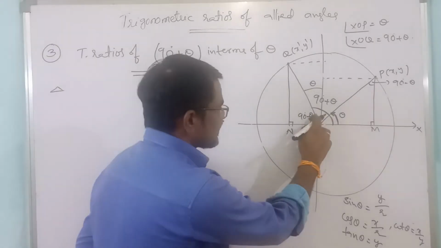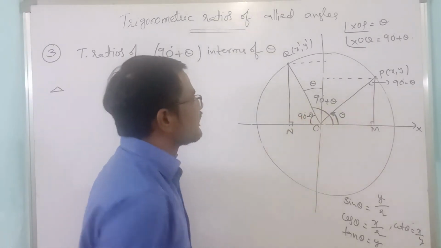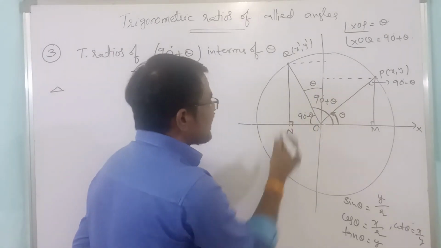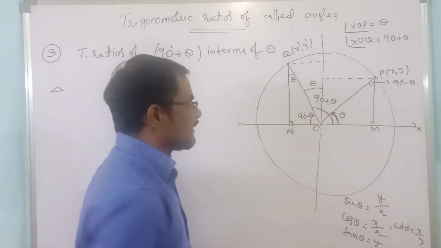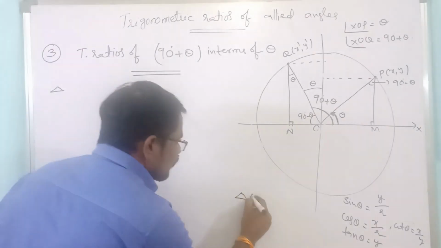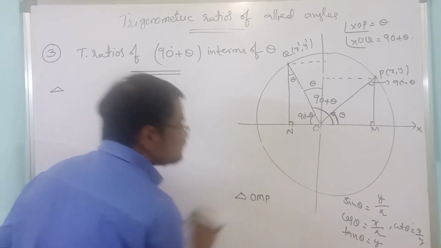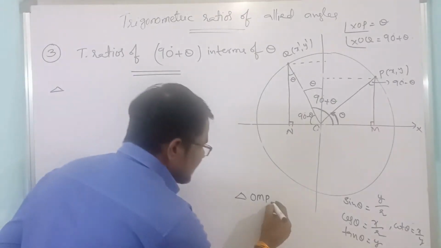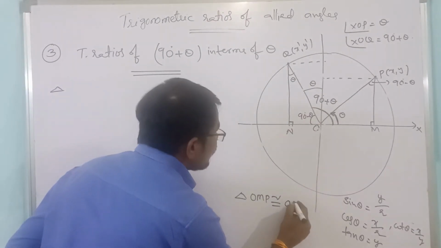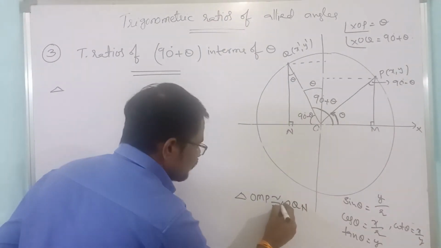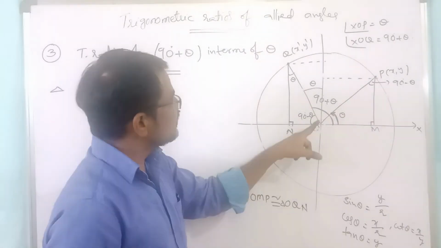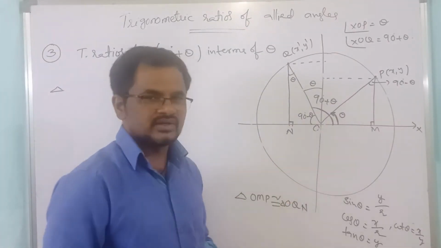Again, here 90 means here it is theta. Means triangles OPM and OQN are congruent.